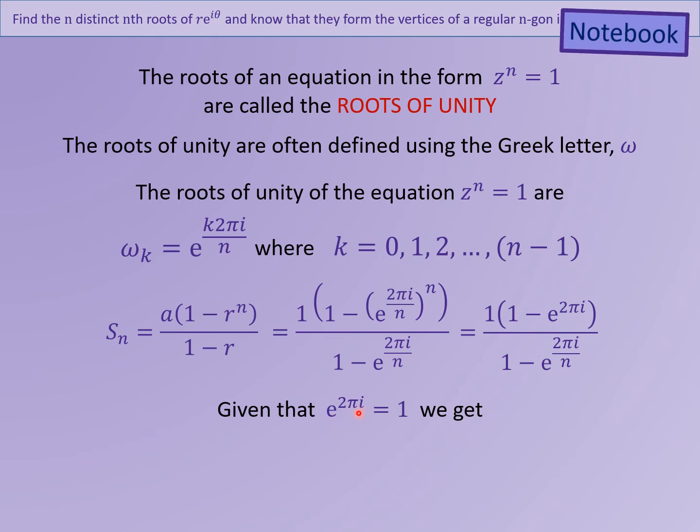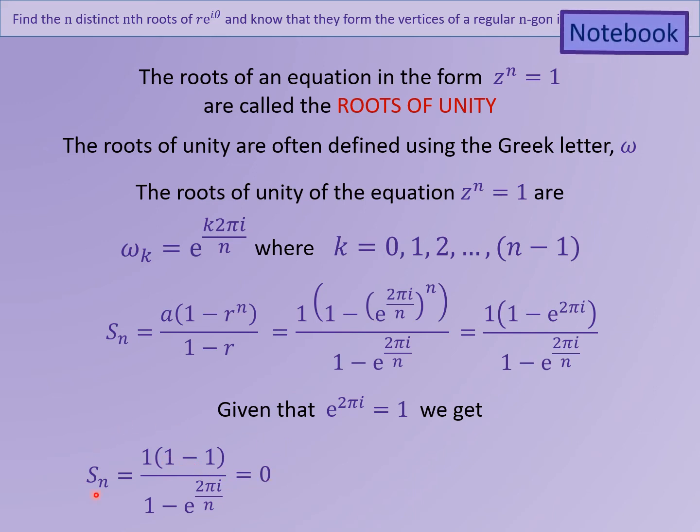So e to the 2 pi i equaling 1 is an important fact. Once we remember that fact, it makes this a little bit easier, because we're writing this as 1 lot of 1 minus 1. Then the top bit goes to 0. 1 minus 1 is 0.